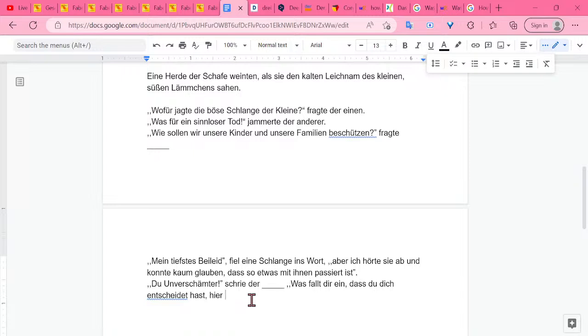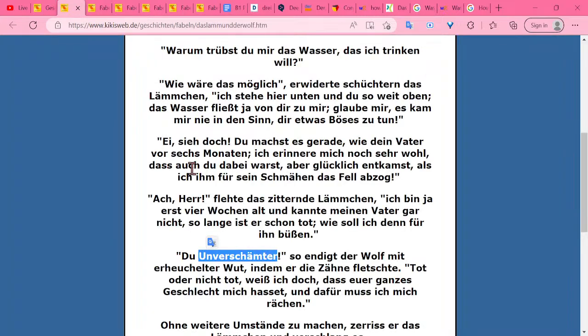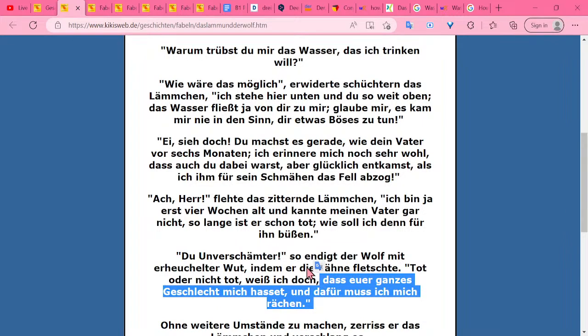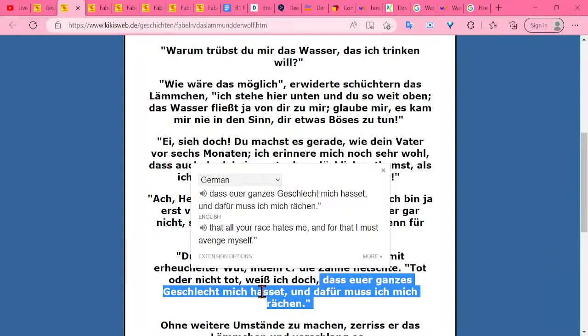How could you dare to show your face here? Of course it's in English. Du Unverschämte. Euer ganzes Geschlecht. Euer ganzes Geschlecht. Your entire like species, race. Okay, race. That's interesting.